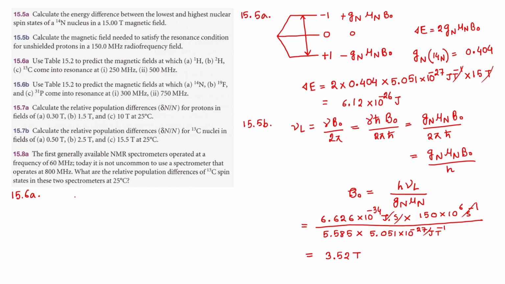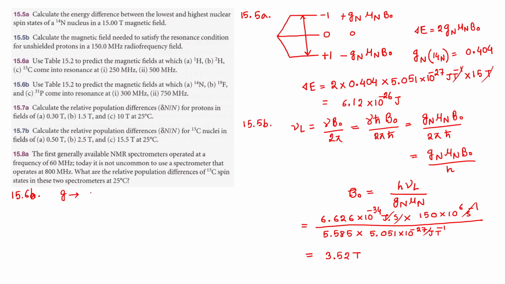It is used to predict the magnetic field at which the proton, the deuterium, and 13C will come into resonance. Actually, I have the Gn values of the next series, so I'll do that. You may do 6a yourself. So let me first write the G values.